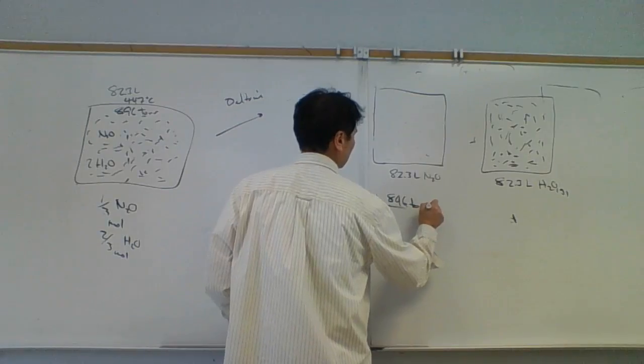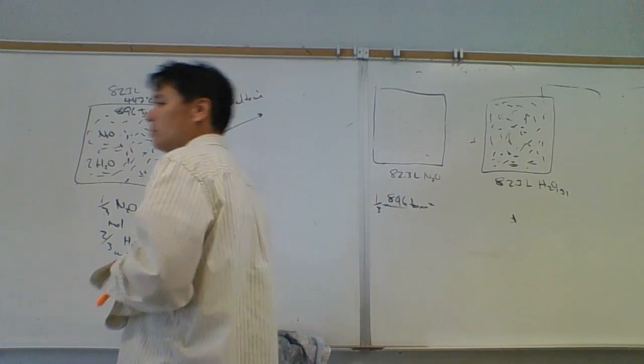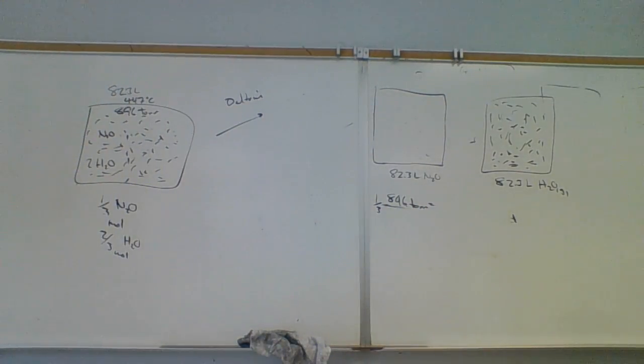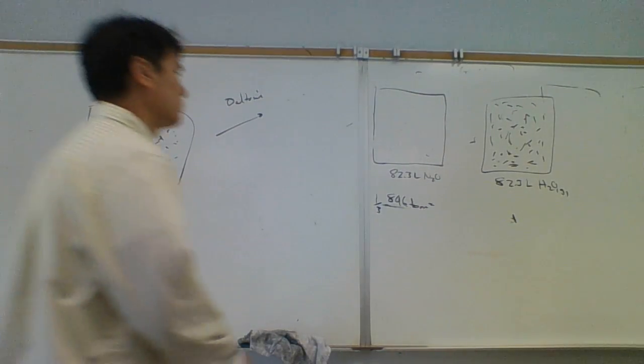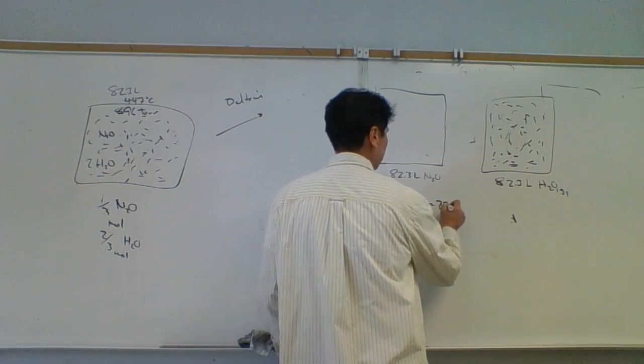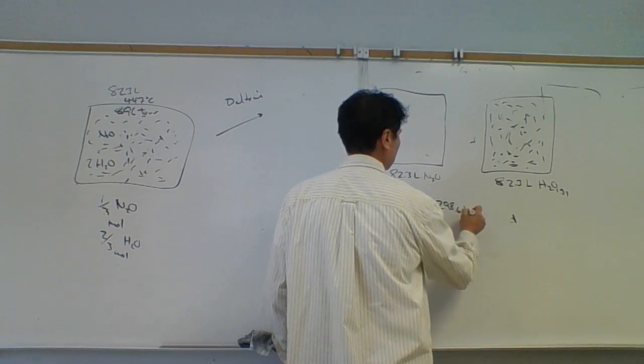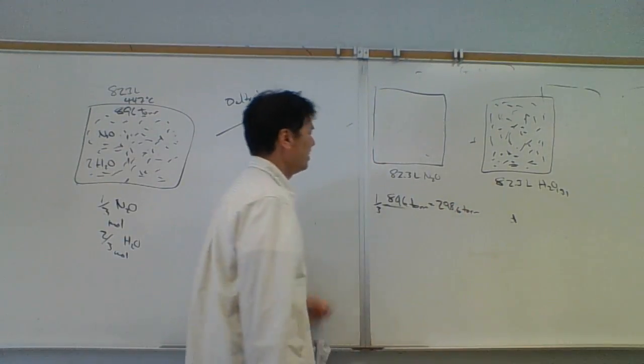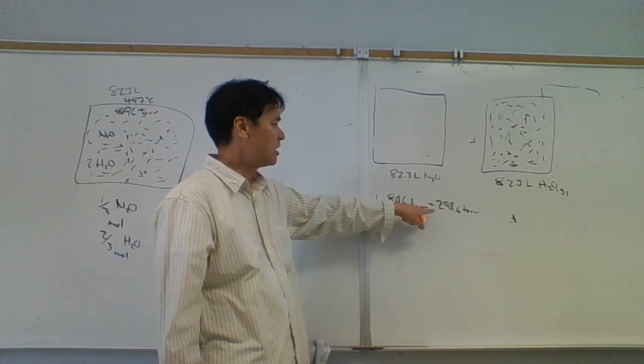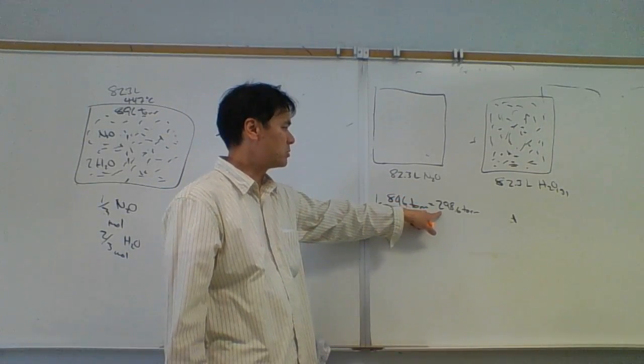The mole fraction is the same as the pressure fraction, so the mole fraction is 1/3, the pressure fraction is going to be 1/3, so 896 divided by 3 is 298.6. So this is going to be 298.6 torr. So I'll have 82.3 liters of nitrous oxide at a pressure of 298.6 torr.